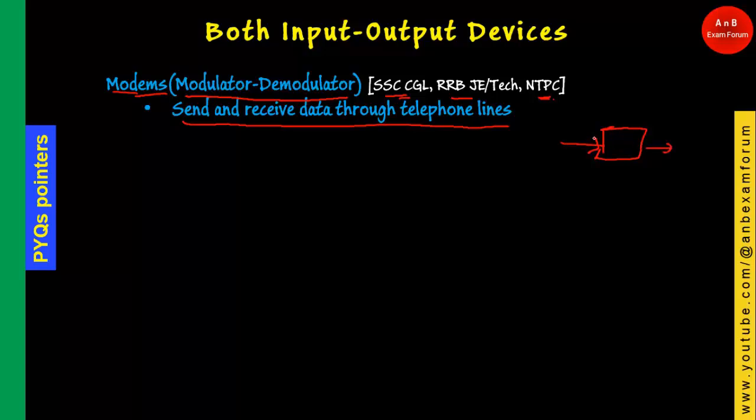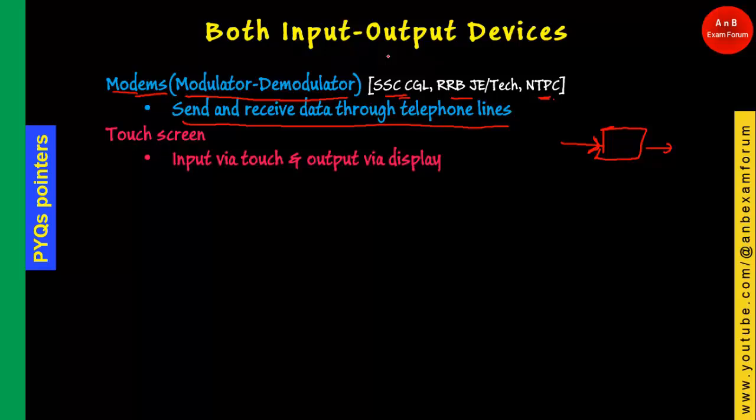So input is also there, output is also there, so it works as both input as well as output. The next one is a touch screen. As the word itself suggests, it is a screen, so it is an output device. The screen on your mobile phone which you are touching right now is both an input as well as an output device. Input is received via touch, whereas output is via display. In this way touchscreen is both an input device as well as an output device.